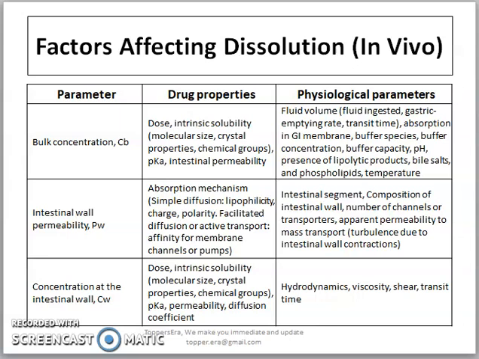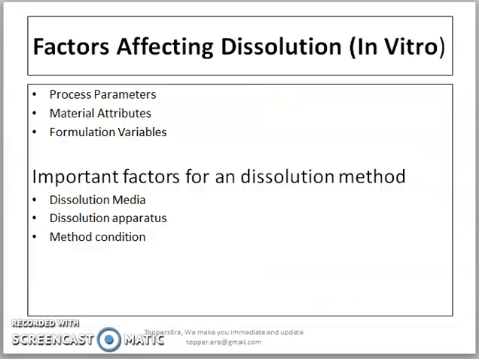So these were 7 parameters which are expressed by dosage form characteristics and are influenced by various physiological parameters given above. In vivo dissolution of a drug dosage form largely depends on these parameters.